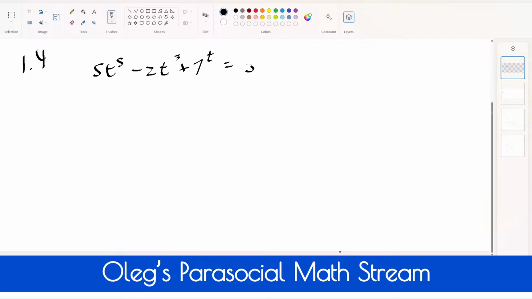This is also equivalent. They gave this in order, by the way. And plus 0t to the 4th power minus 2t to the 3rd power, and then plus 0t squared plus 7t. Wait a minute, sorry, I didn't write that right.